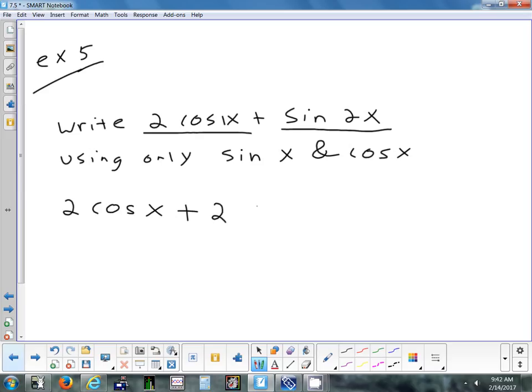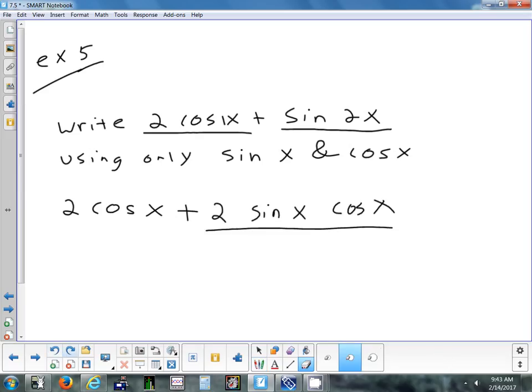Yeah, this time we're just using x's instead of thetas. 2 sine x, cosine x. This is the same as that because of what's on the previous page. Now, what's the number that's in front of the x's in both those terms? 1. So now I've written everything with a 1.